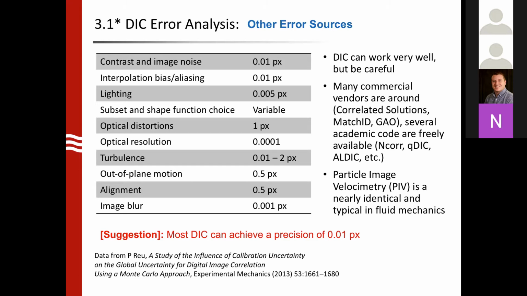Because this is important: when you deal with your digital images for post-processing, the user can define what subset they use, what subset spacing they choose, and also what shape function they need to choose, and what the general precision they will achieve. So I just wanted to give you some idea for this part. No questions for this part? Okay.